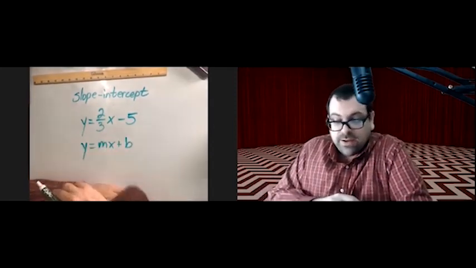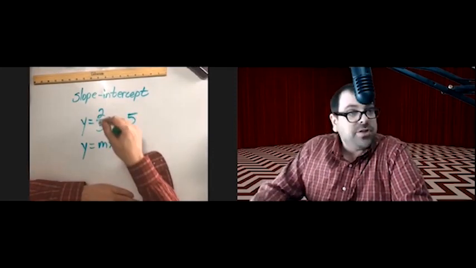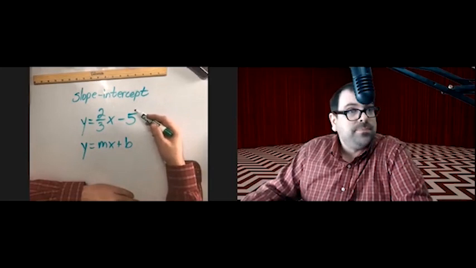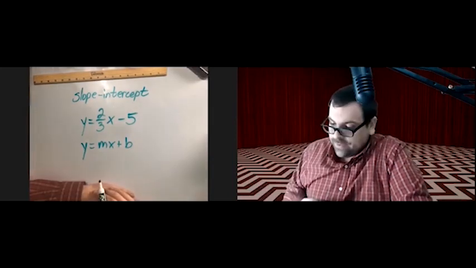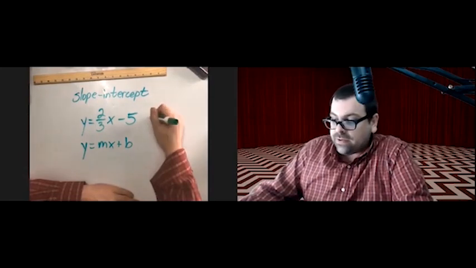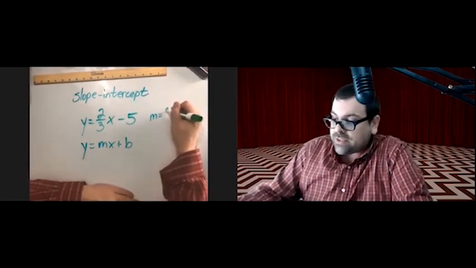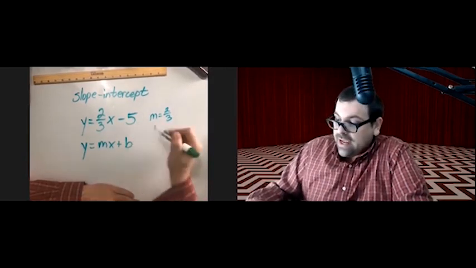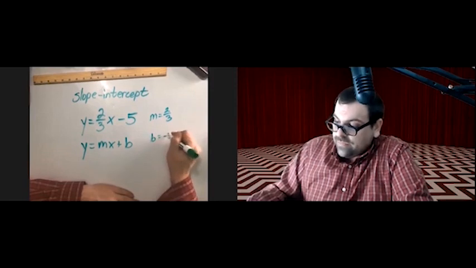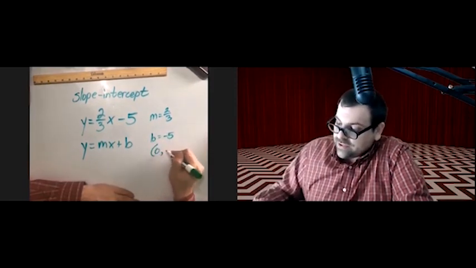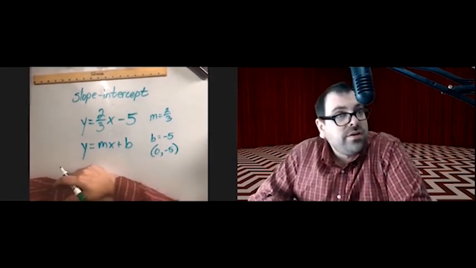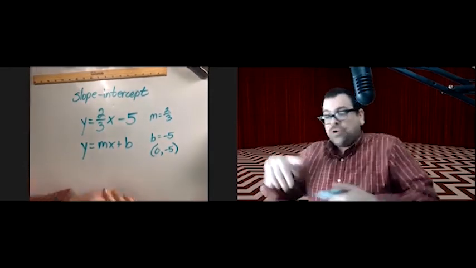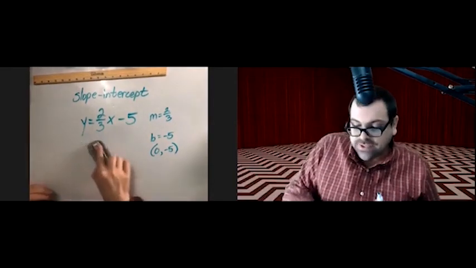It's solved for y, it has an x term, it has a constant term. We can directly pull from here that the slope is positive 2/3 because that's what's multiplied by x. And that negative 5 is the y-intercept. In other words, 0, negative 5 is a point on the line. And with those two pieces of information, we don't need anything else to graph.